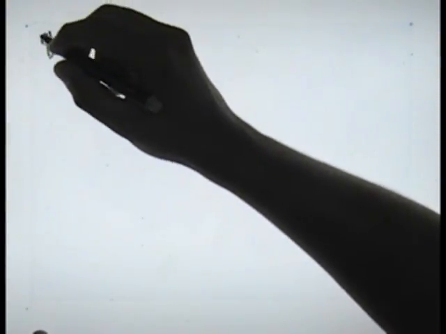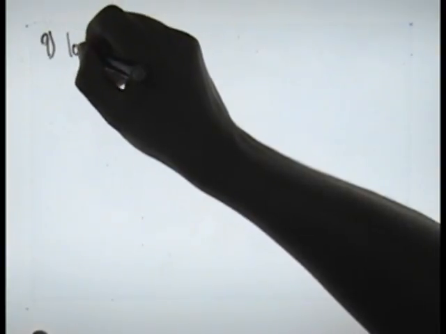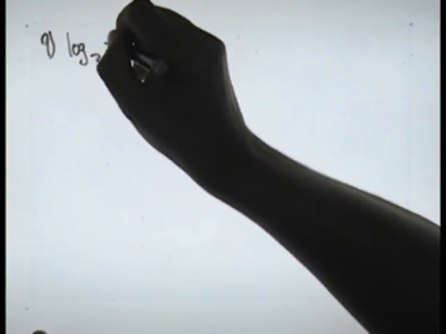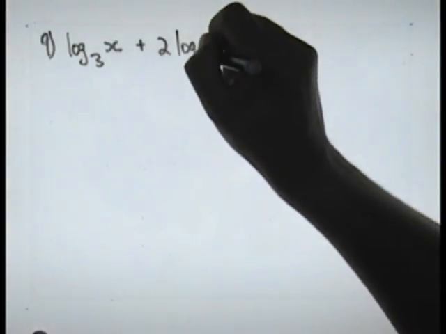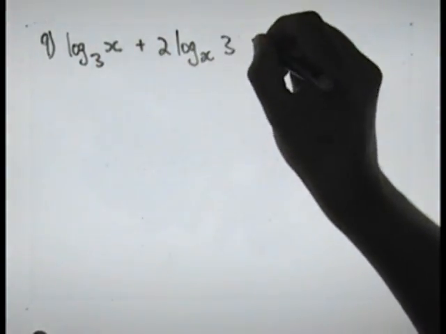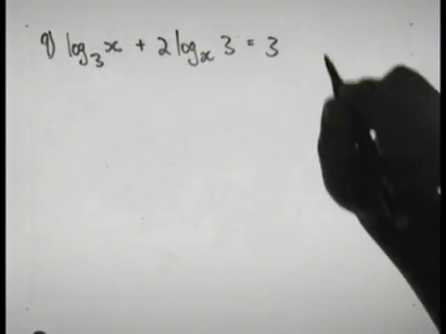Number 9 says log base 3 of x plus 2 log base x of 3 is equal to 3.